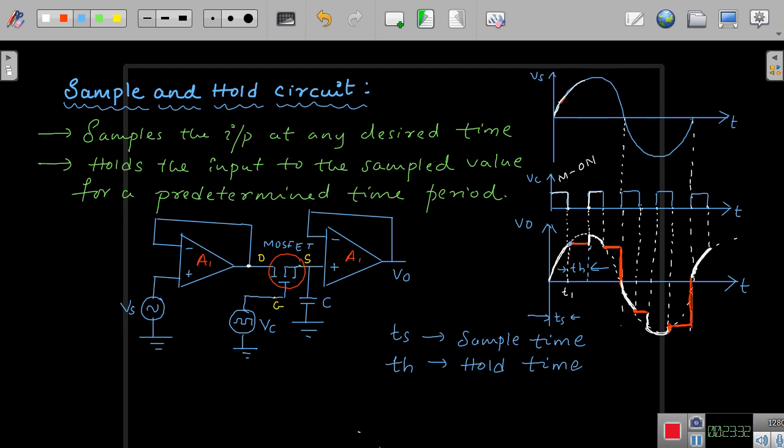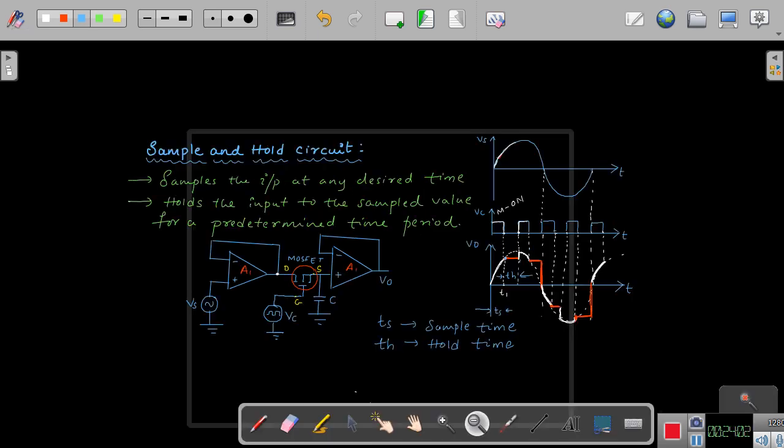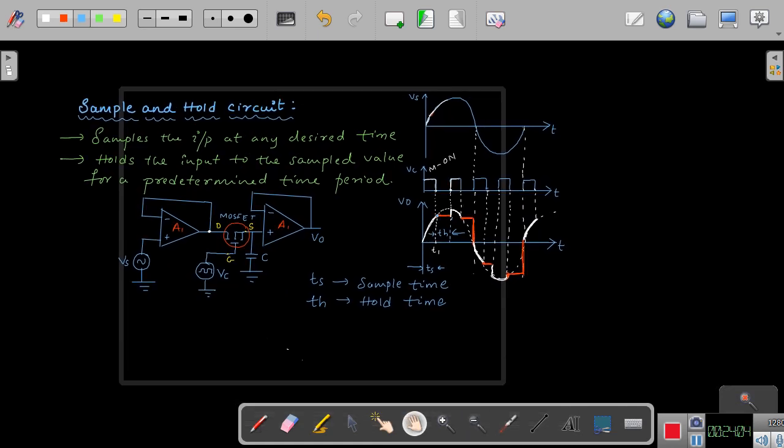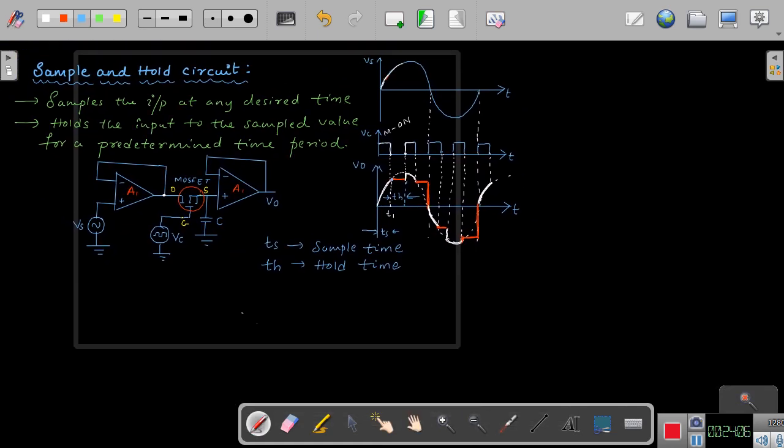Now there are certain important conditions to be fulfilled here, otherwise your circuit will not work precisely. What exactly are those conditions? Whatever the capacitor is charging here will have a time constant of charging. Before that, let me quickly write some of the things here as per our requirements.